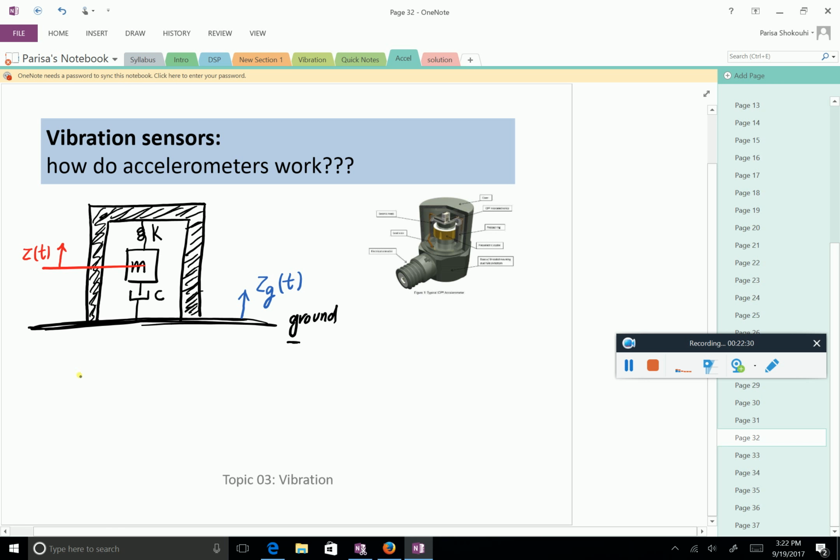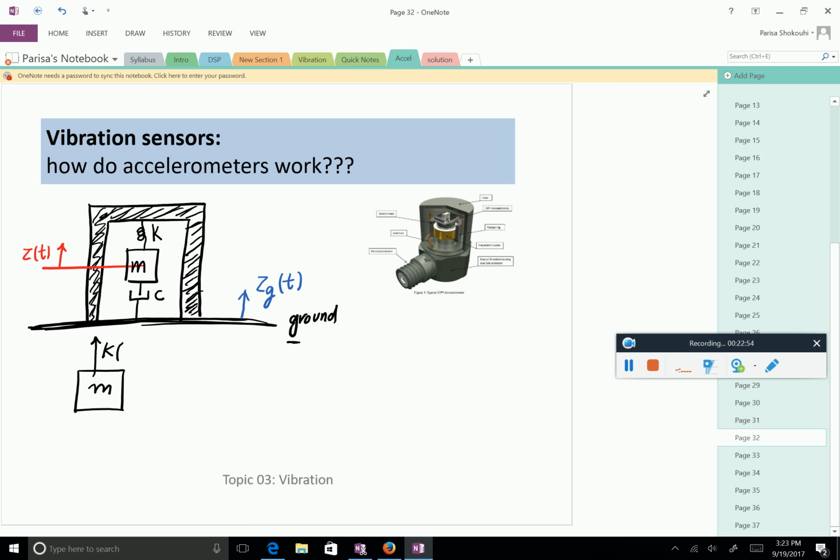So now, let's do this again. So you have the mass. The force which is acting on the mass because of the spring is K times the displacement, the relative displacement at both ends of the spring.